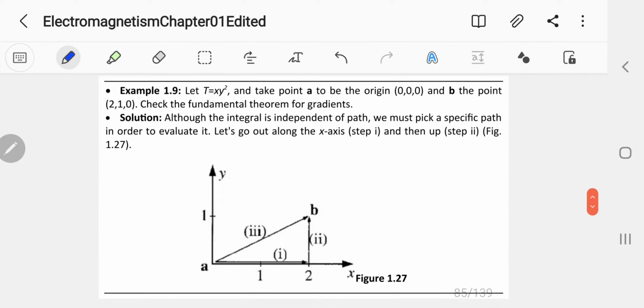So as an example here, you have T equals x y squared. Take the point A to be the origin here, and B to be (2, 1, 0) here. The value of z is 0. This is (0, 0, 0).